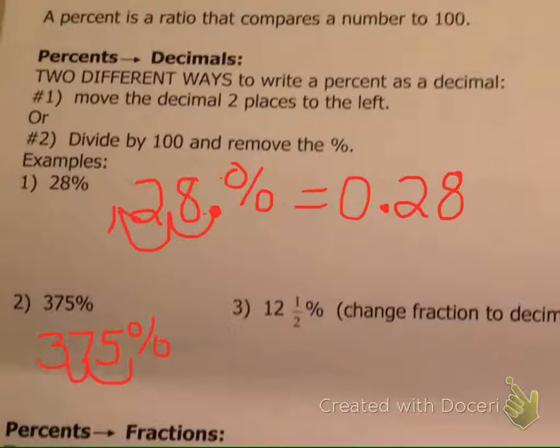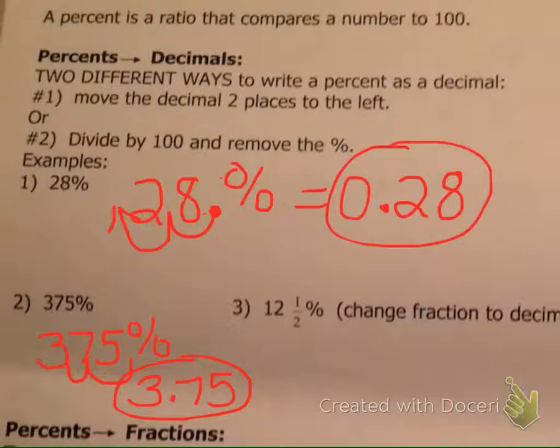So you're going to have 3.75. That would be your answer, changing your percent to a decimal. 3 and 75 hundredths. Okay, and the last one, you have 12.5%.